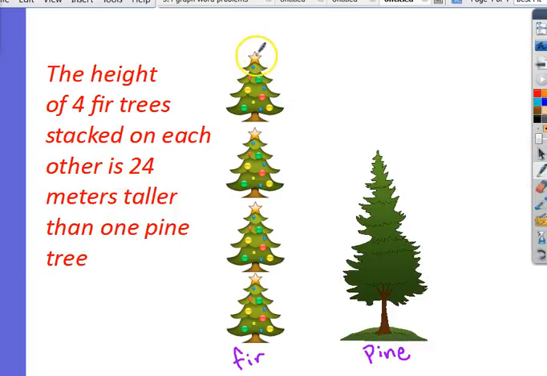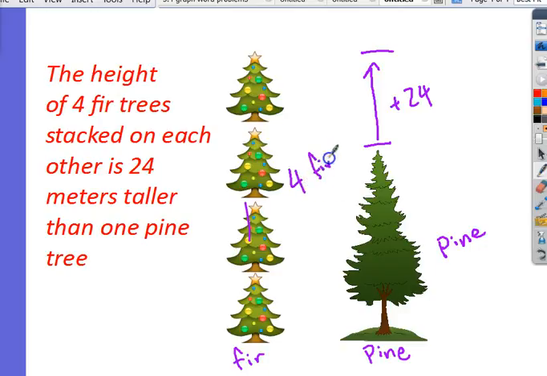So that means that these 4 are still 24 more than this pine tree. So that's 1 fir tree, 2, 3, 4, so this is 4 fir trees. 4 fir trees are equal to 1 pine tree plus 24 more.